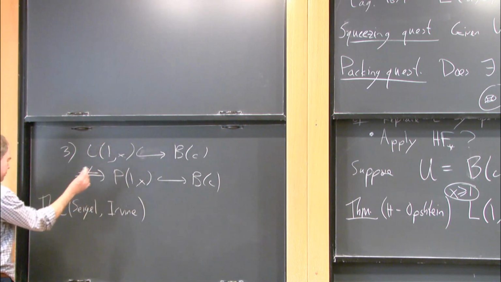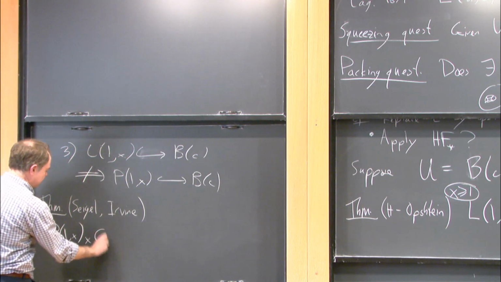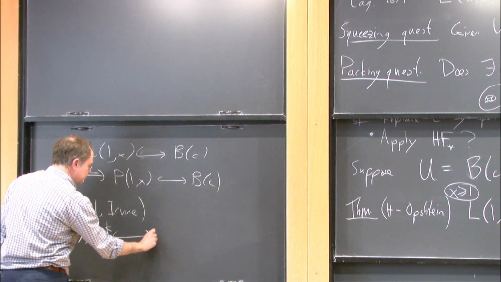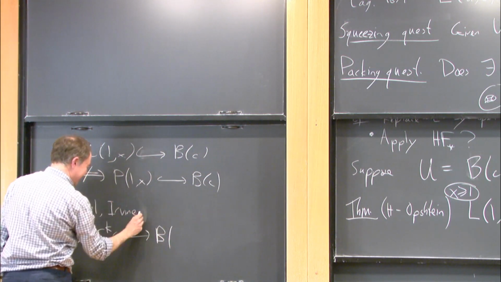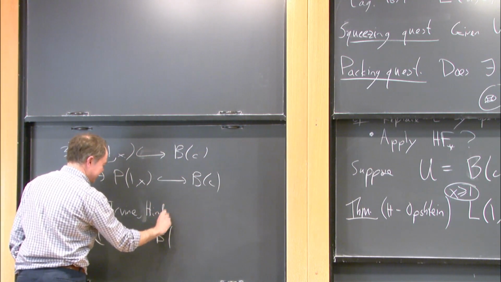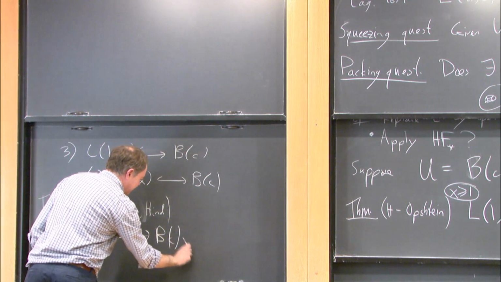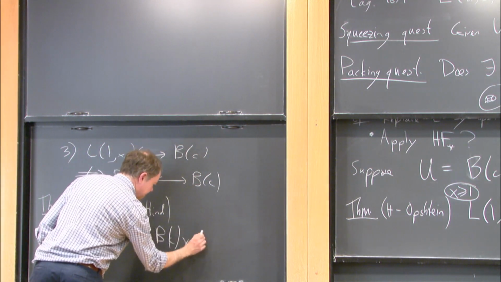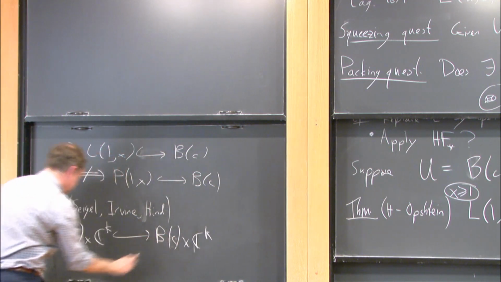So the theorem is, if you add some factors, maybe some C^k here, this goes into B^C times C^k. Actually, maybe this is me, I think I proved some of this. And then the answer is the same, if and only if.